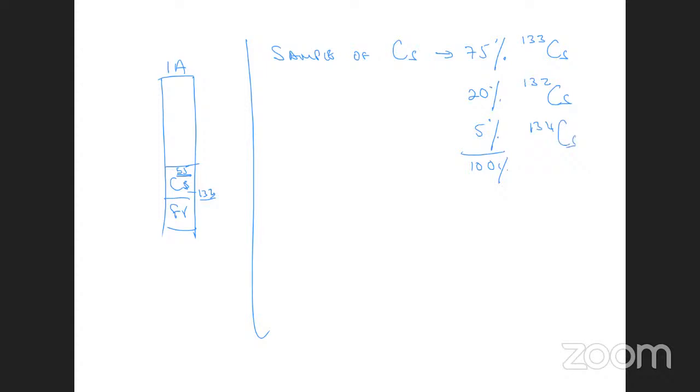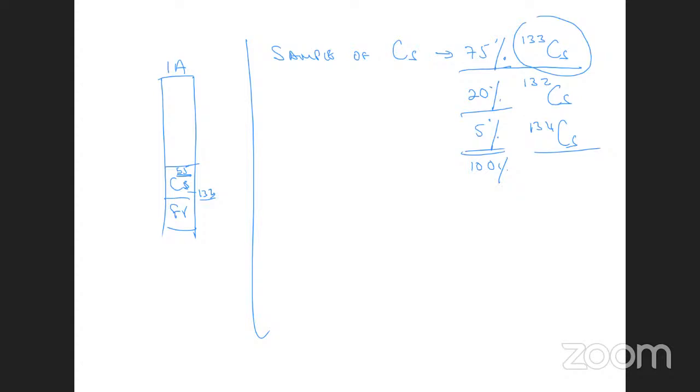So they have given the abundance. Looking at it, you can say cesium-133 is the most abundant isotope of cesium available in nature if you take a sample.